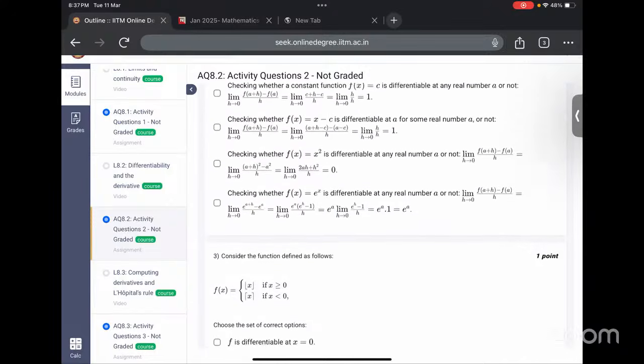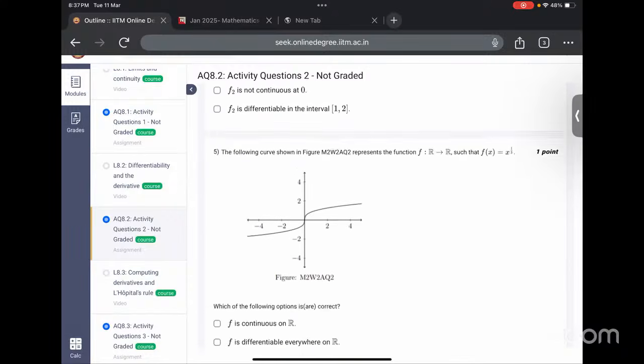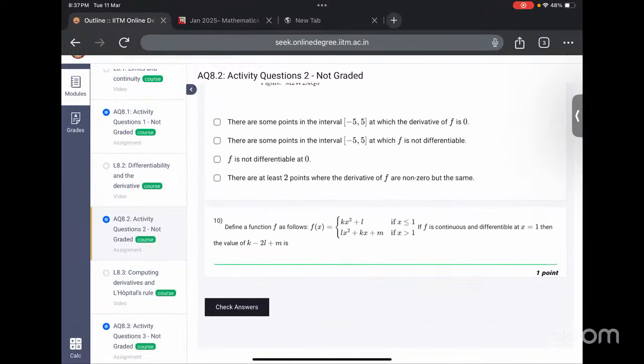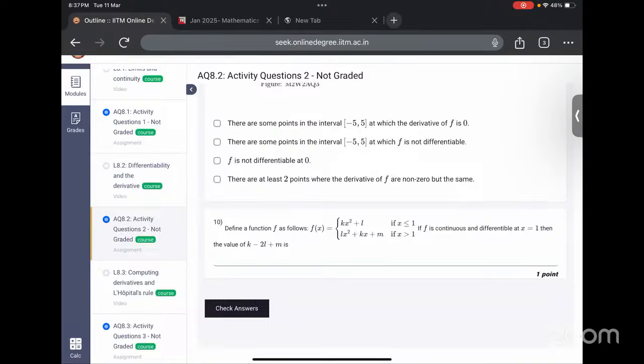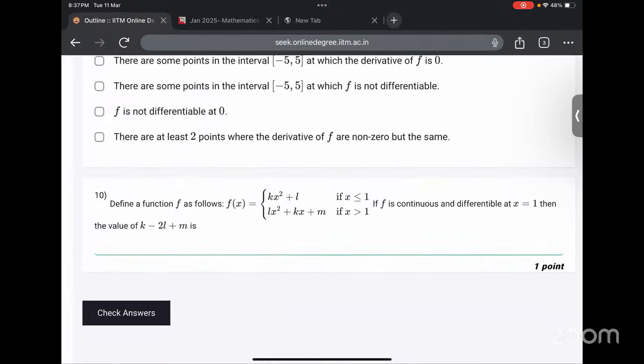Ma'am, question number 10. This one? Yes, ma'am. Okay, so we have a function given, with its definition. Also, the function is continuous and differentiable at x equals 1.